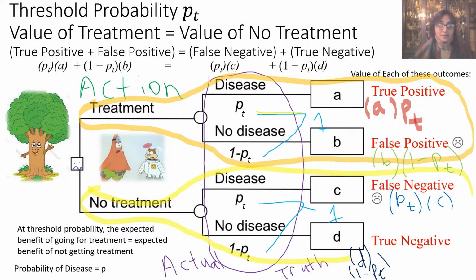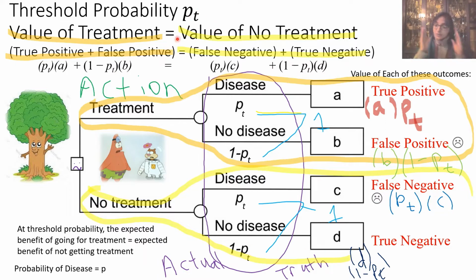That's the value of treatment, and the value of no treatment is given by PT times C plus 1 minus PT times D. That's the value of not going for treatment.